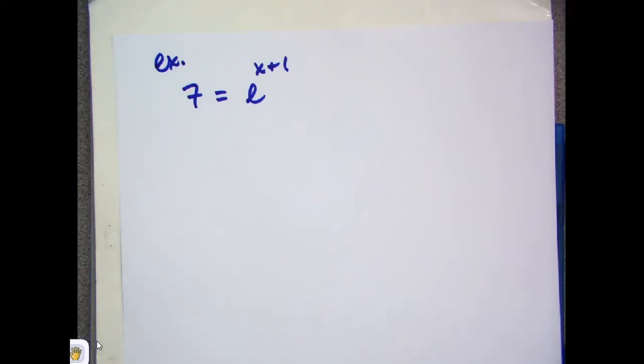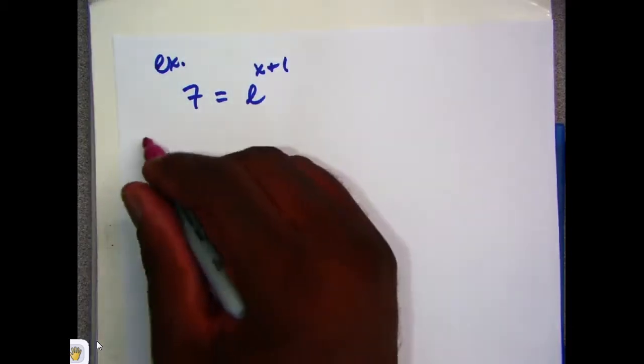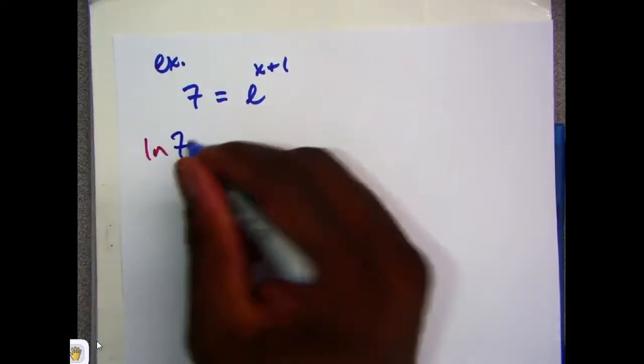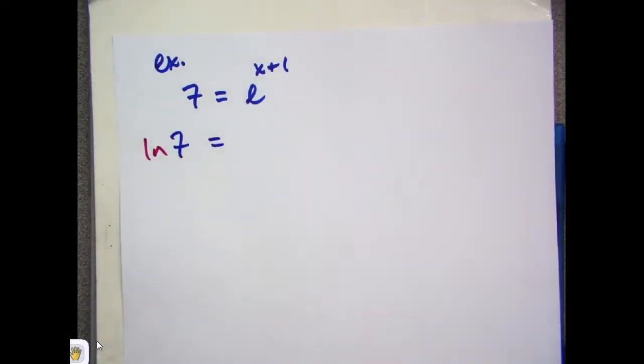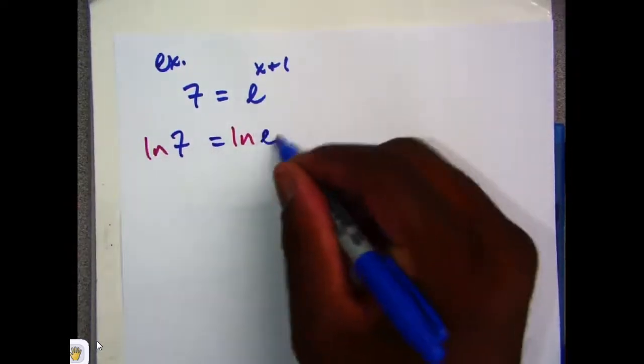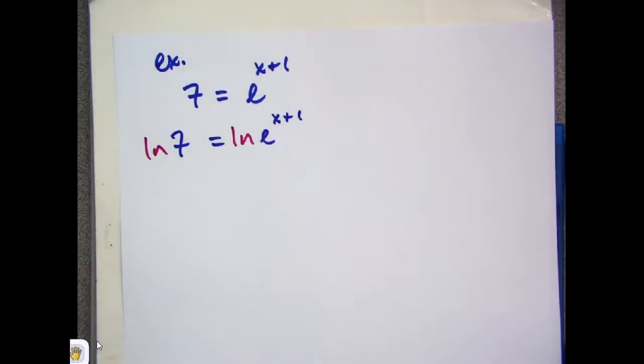Should have done logs in pre-calc as well. So you had 2 years of logs. Take the natural log. Okay. So here, if we take the natural log of both sides, okay, so what does that do for us?